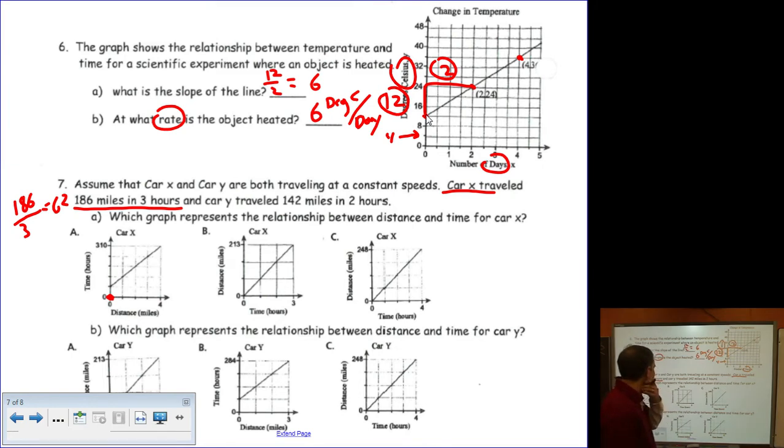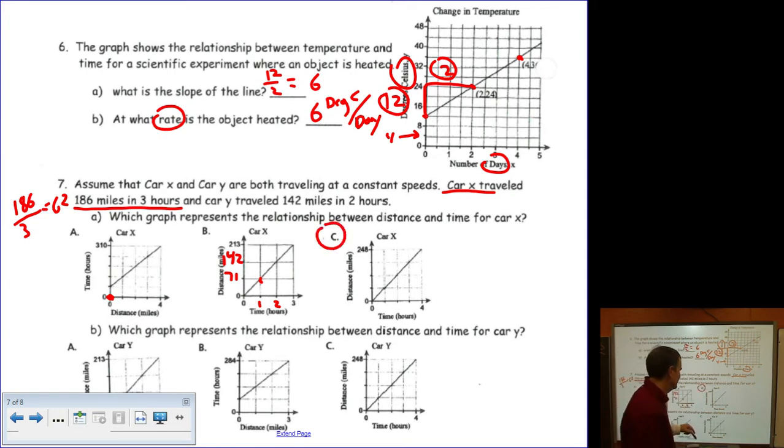This one, let's see, is going by hours down here. 213 divided by 3. 213 divided by 3 is 100, and what is it? 210 would be 70, 71, 142. So that's going up 71 miles per hour. That's not it.